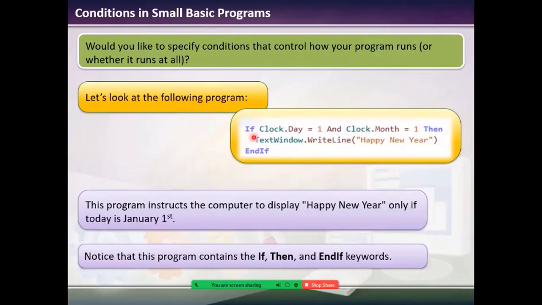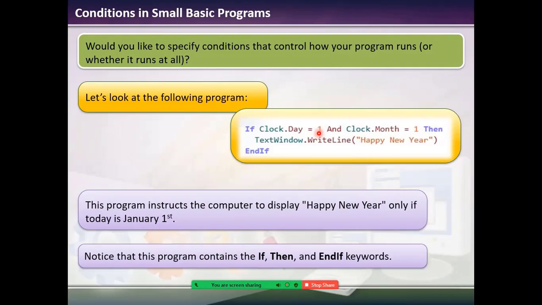Now you can see there is If, and also Then and EndIf. Those are keywords. Our topic is conditions in Small Basic programs. So what is the condition here? There are two conditions. The first is that the day should be equal to 1.